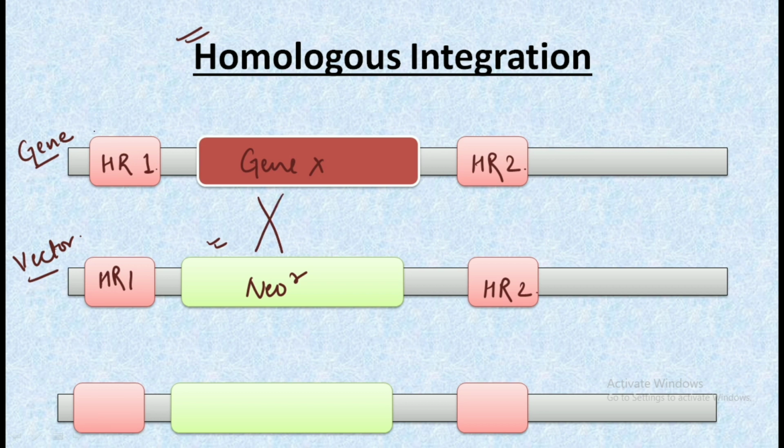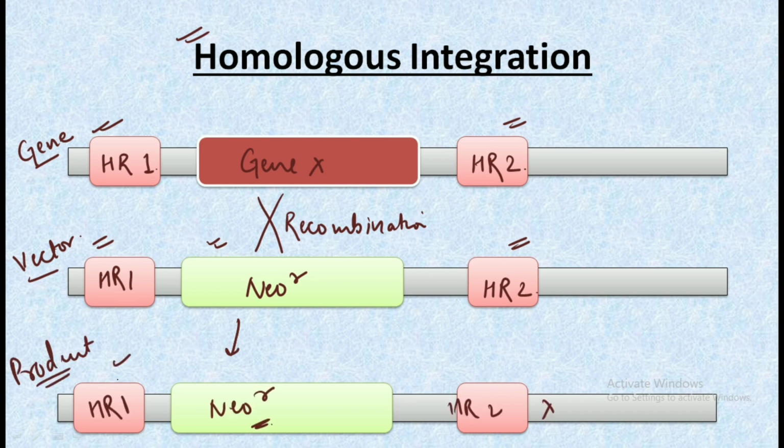Why? Because we have the same homologous regions present, and the gene and the neomycin are at homologous positions. So as a result of this homologous integration and the recombination occurring between these two regions, we would have our final product.